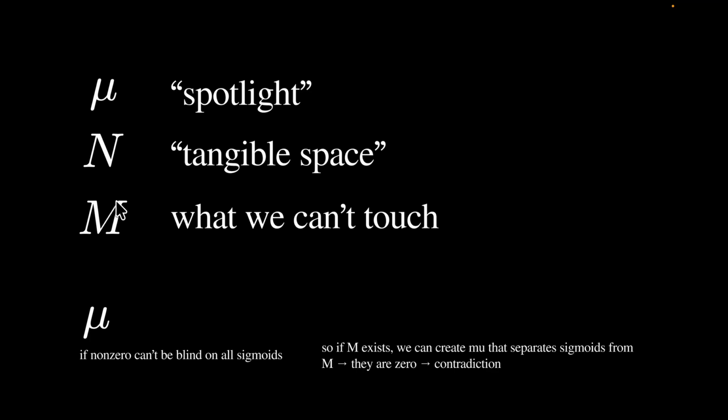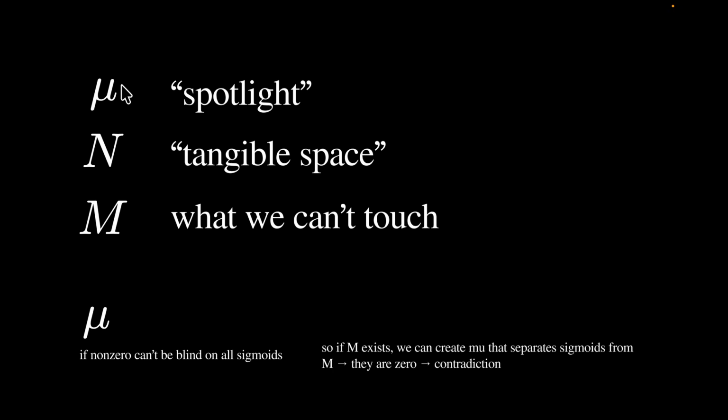And the whole point of the theorem is that we say that sigmoid is discriminatory. That's a certain property of this function that says that the only possible spotlight that is blind to all the sigmoids is zero. So we cannot create a spotlight that separates some sigmoids from other sigmoids. Those all belong to a single space.